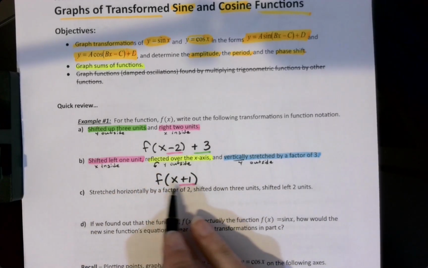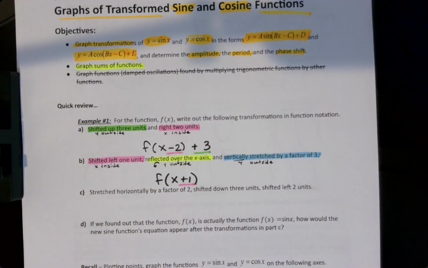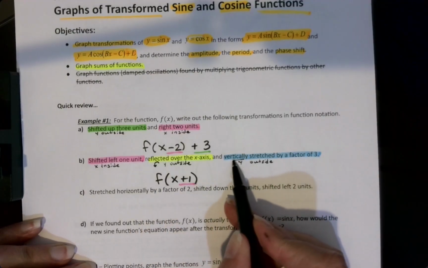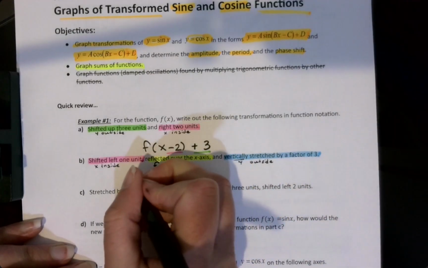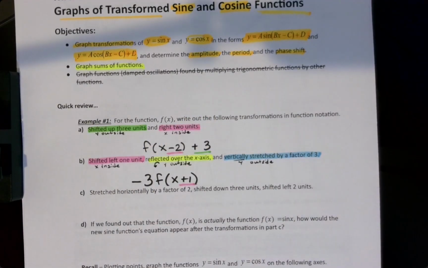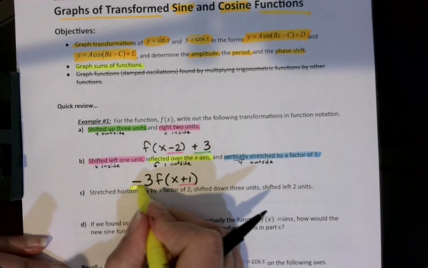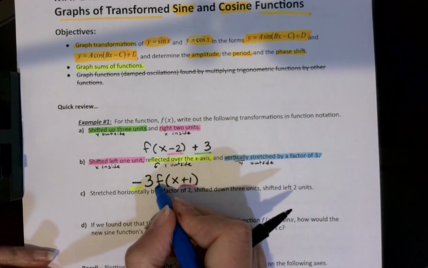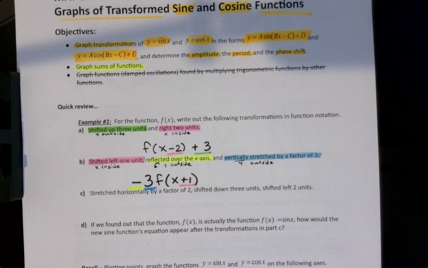Left, you might think negative, but we're going to use the addition for inside the function. And then the y flip, that's going to be a multiply by a negative 1, and a vertical stretch is going to be a multiply by 3. So we're going to multiply by negative 3. The negative portion right here is for the reflection, and then the 3 portion is for the vertical stretch.